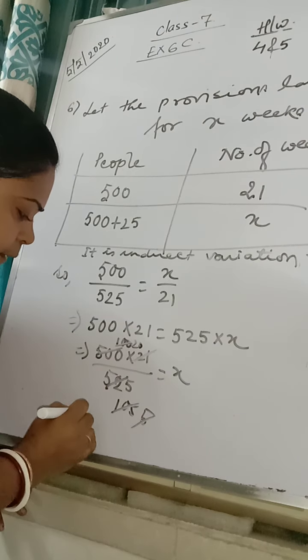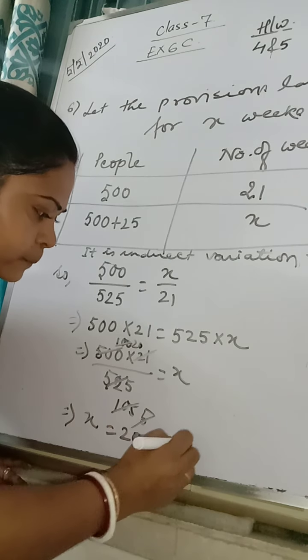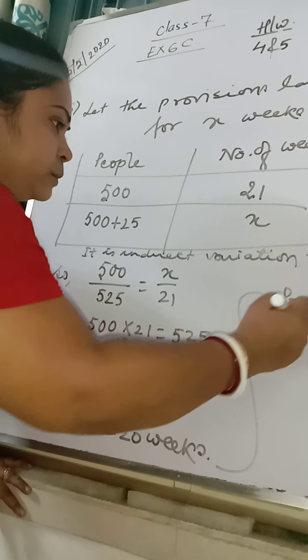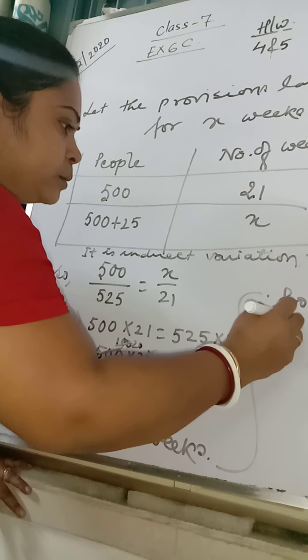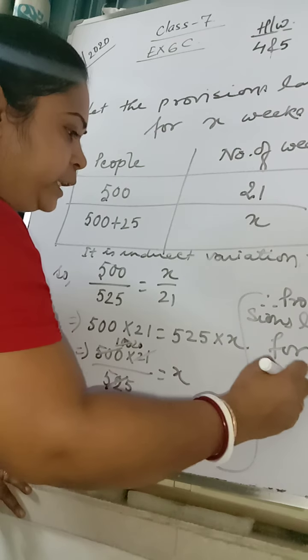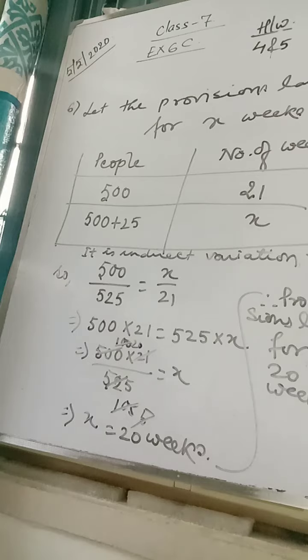So X is equal to 20 weeks. The provision lasts for 20 weeks. Write it, please.